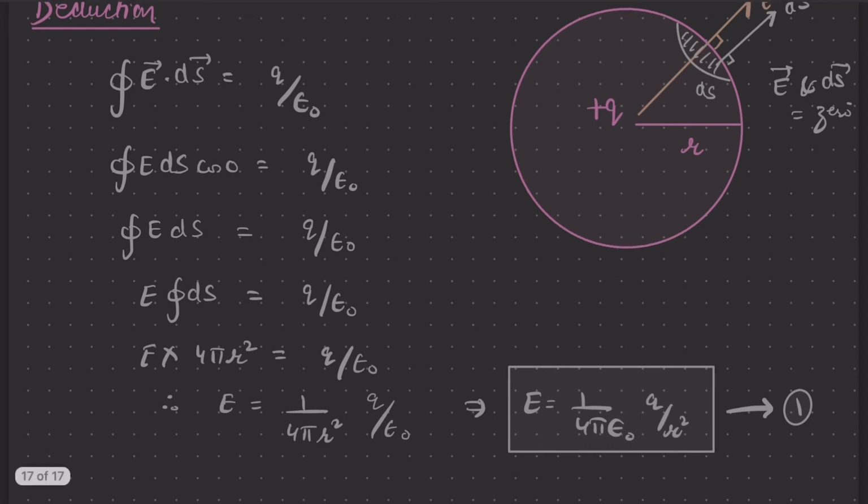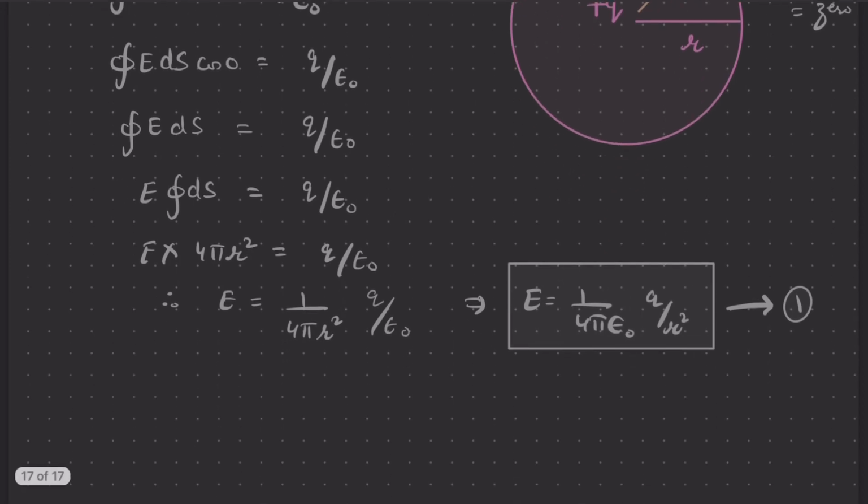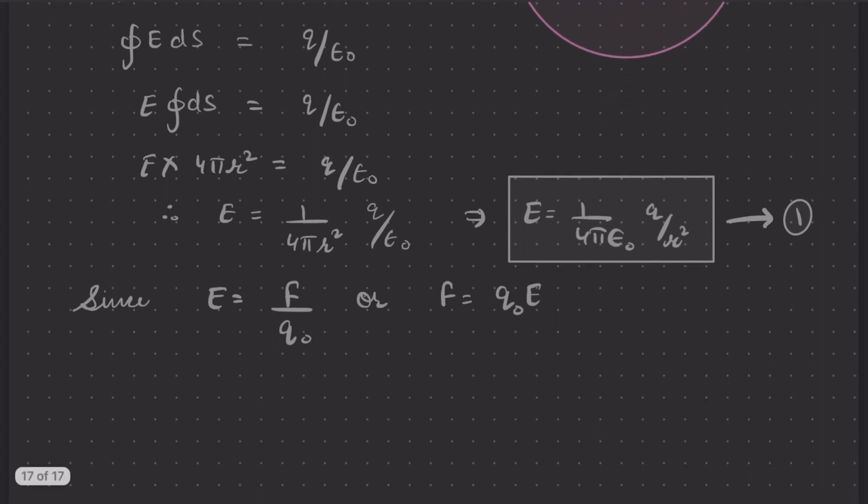Therefore we know F is equal to q naught E. So since E is equal to F upon q naught, or F is equal to q naught E, therefore from equation number 1 we can substitute the value. So mark it as equation number 2.